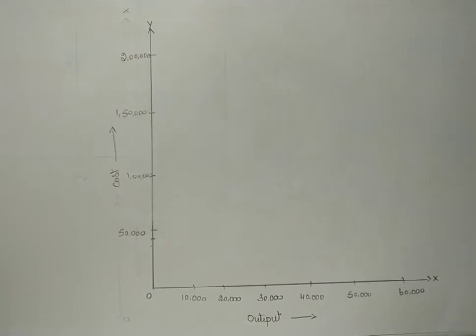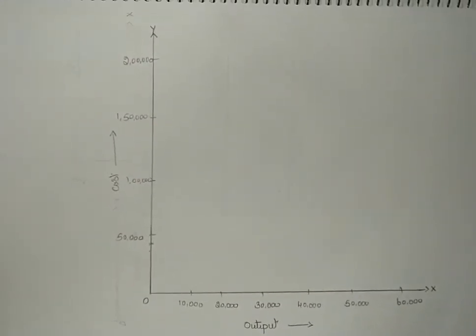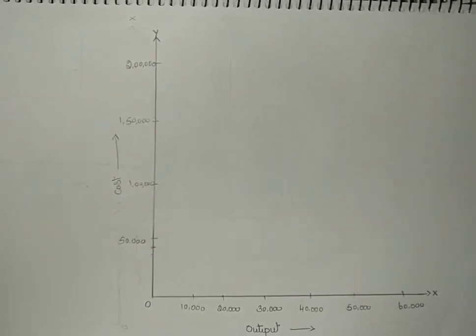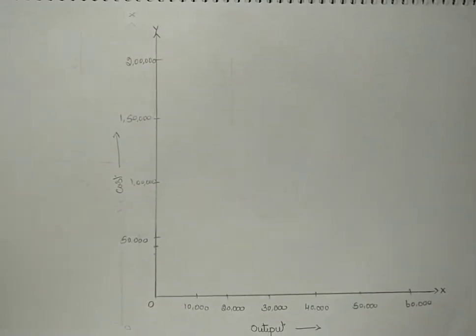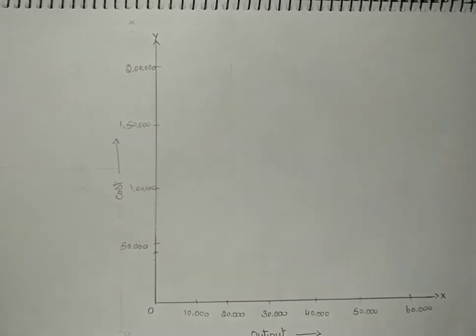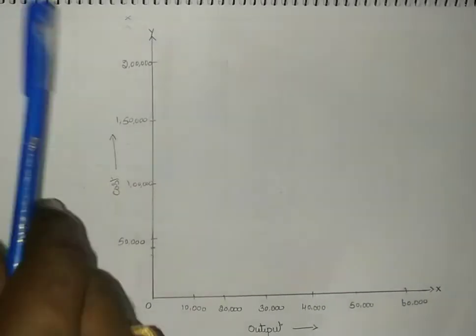Let's see how to prepare the break-even chart. We have calculated the break-even point, that is, the number of units at which we will get it. Now all of this should be represented in a graph, called the break-even chart. We will have a horizontal x-axis and a vertical y-axis.